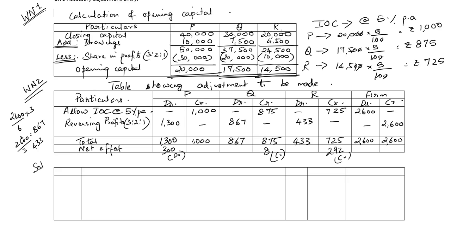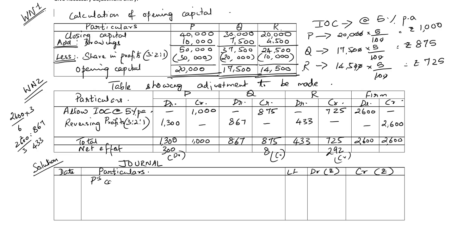The solution: journal, date, particulars, LF, debit rupees and credit rupees.